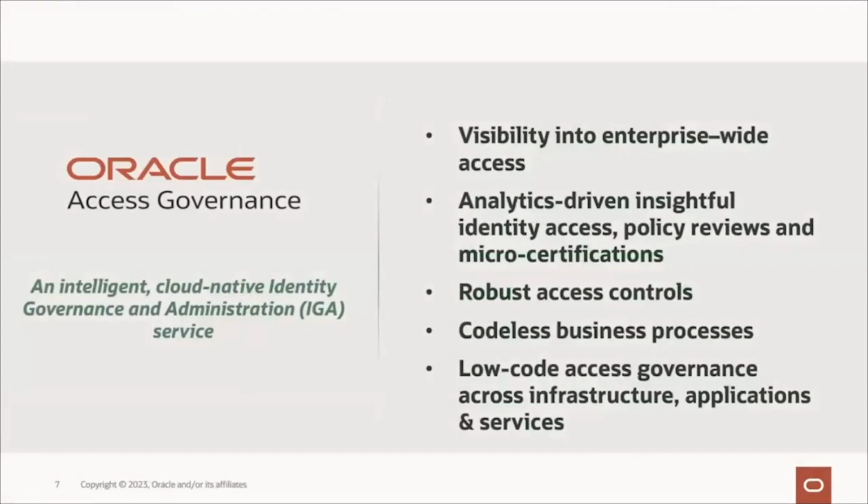The challenges it solves are, first, providing visibility into enterprise-wide access. This is required so that organizations know who has access to what, so that they can enforce the principle of least privilege. Access governance provides analytics-driven identity reviews, policy reviews, and micro certifications.